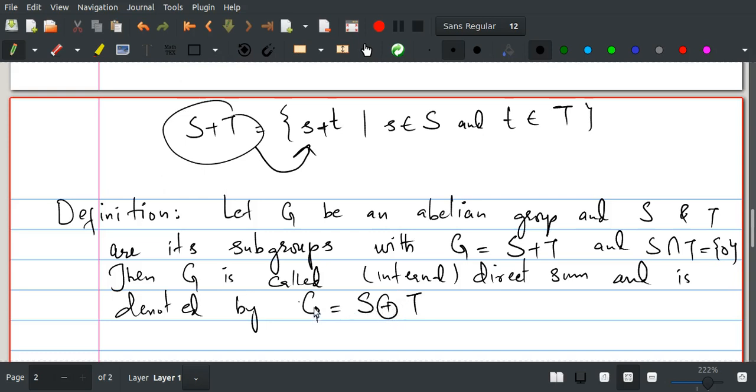This means G is S plus T and S intersection T is the singleton 0.